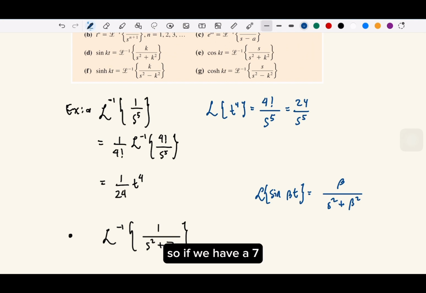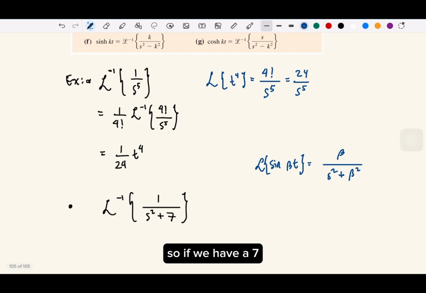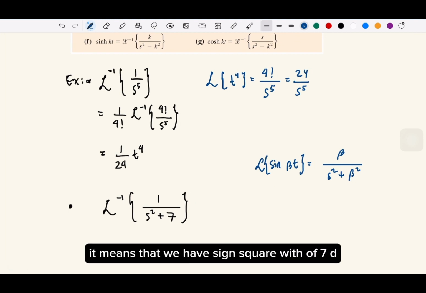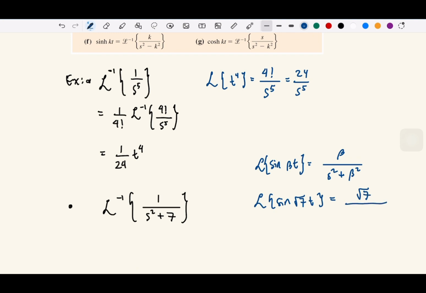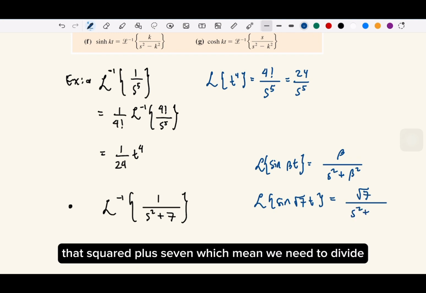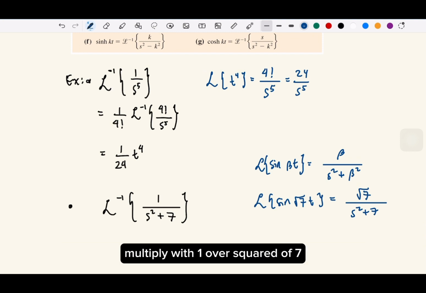So if we have a 7, it means that we have sine square root of 7t. So this will be square root of 7 over s squared plus 7, which means we need to multiply with 1 over square root of 7.